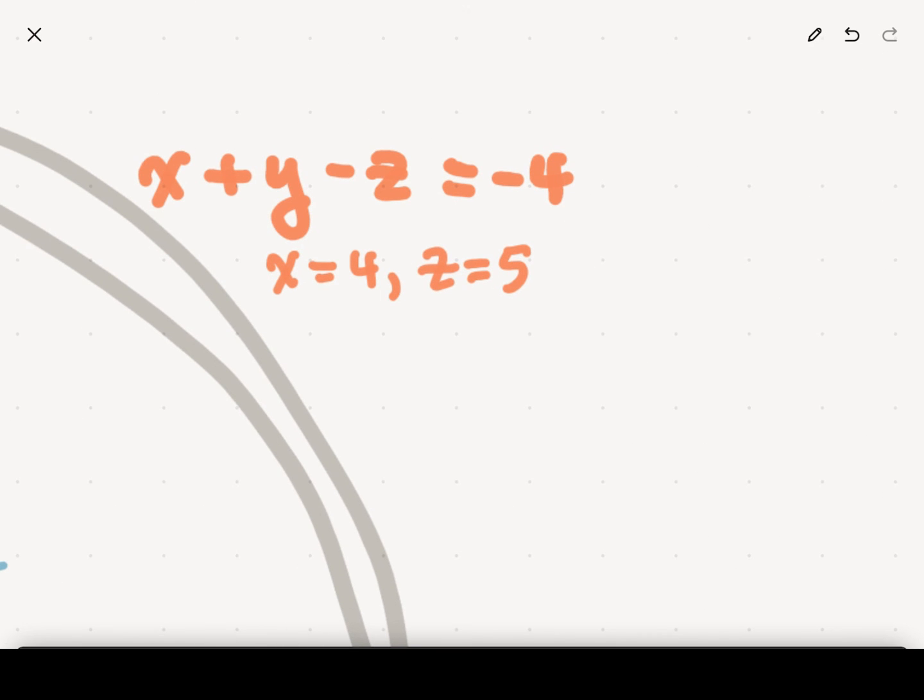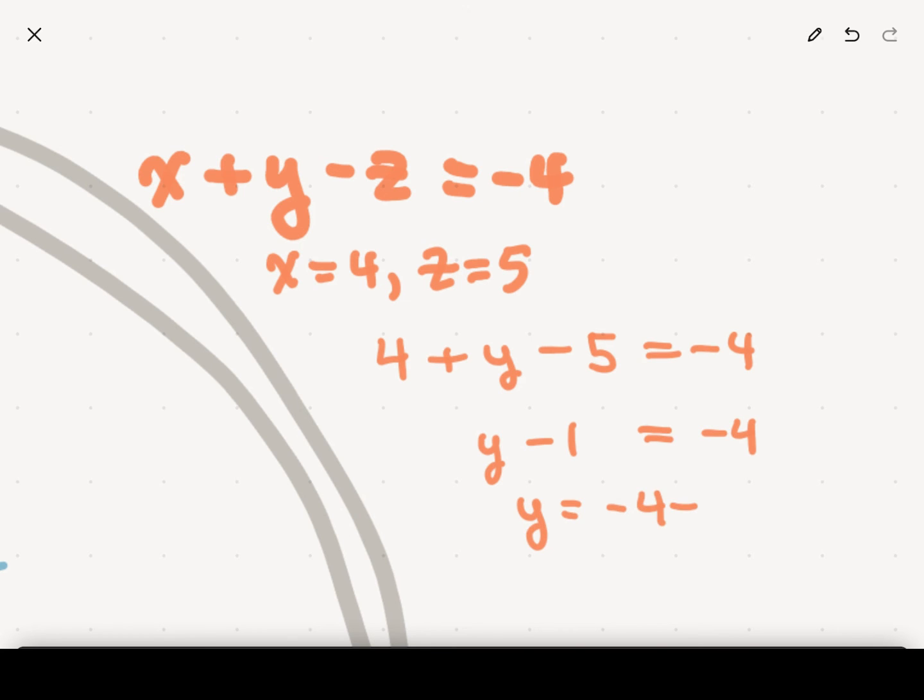So 4 plus y minus 5 equals negative 4. I will combine like terms, so I have y minus 1 equals negative 4. Then y equals negative 4 plus 1. So y equals negative 3.